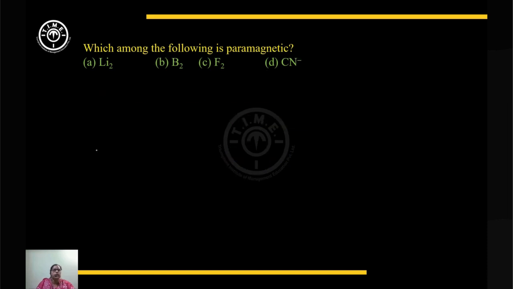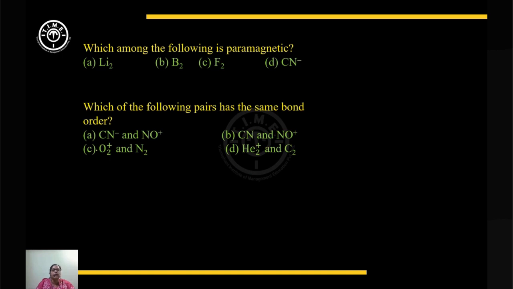The next question is, which of the following pairs has the same bond order? The same bond order means they are isoelectronic. Isoelectronic means the same number of electrons. If two species have the same number of electrons, they will have the same bond order. Now CN minus and NO plus.